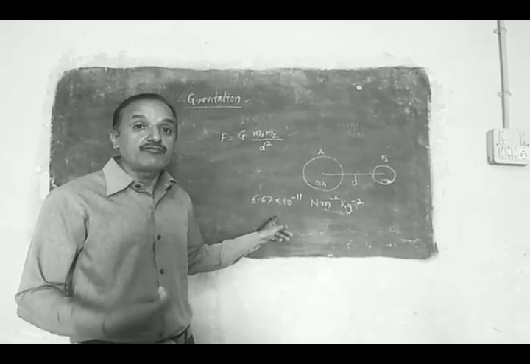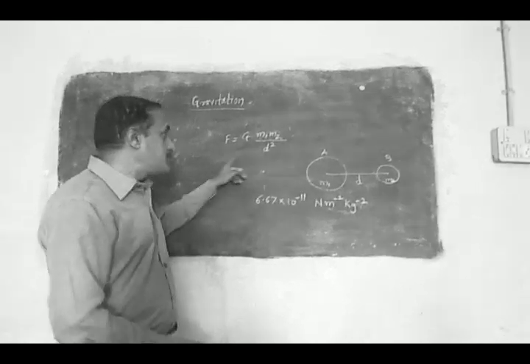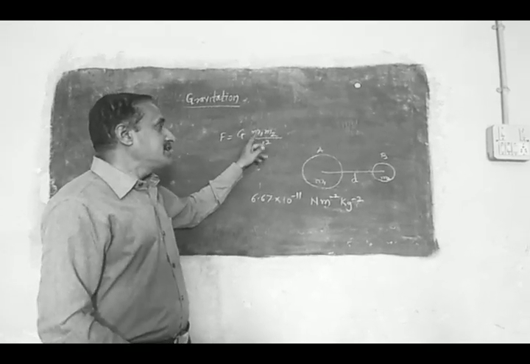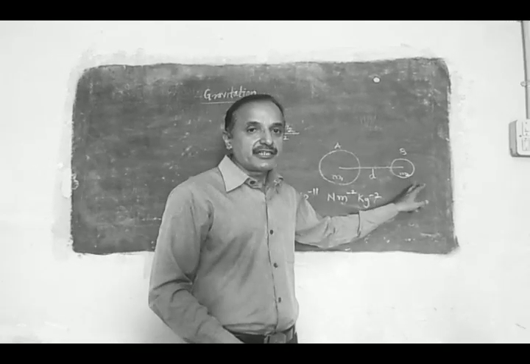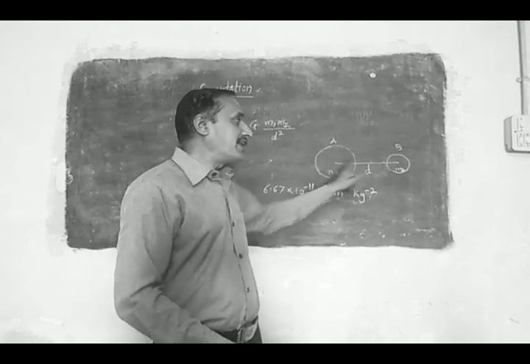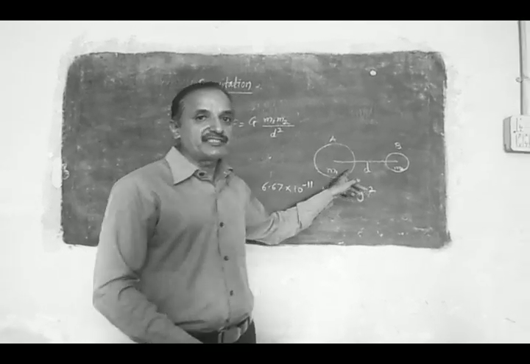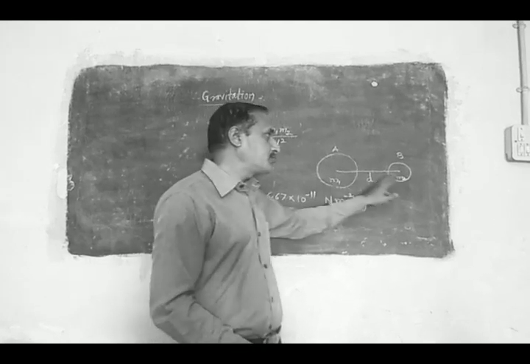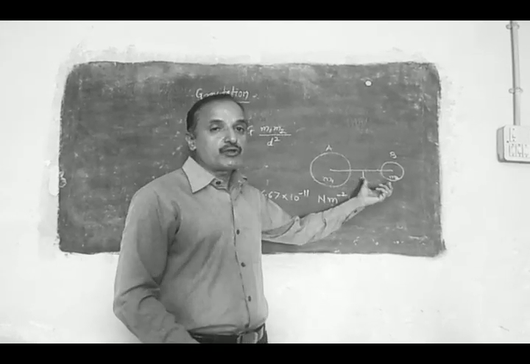Now let us see how it forms. Suppose these two objects have masses of 1 and the distance is also 1.